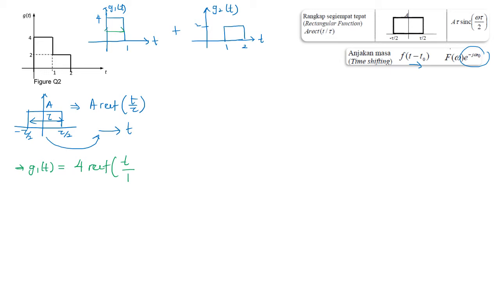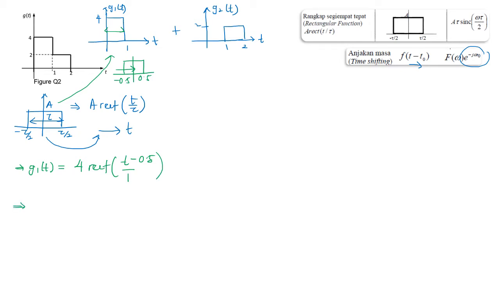But if you compare this rectangular to the reference, you may notice that the signal, originally from negative 0.5 to 0.5, now has 0.5 shifted to 0. Meaning the signal has been shifted to the right by 0.5, so t naught is negative 0.5. So this is your g1(t).